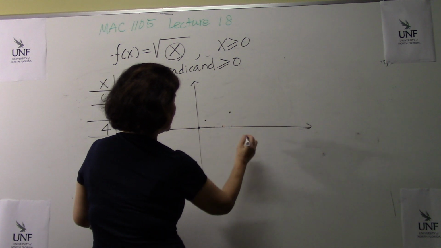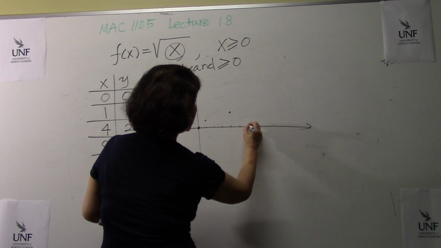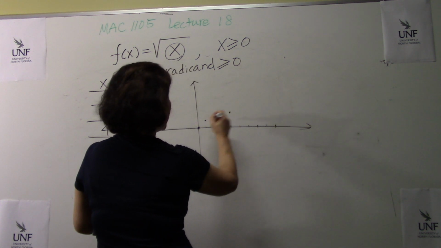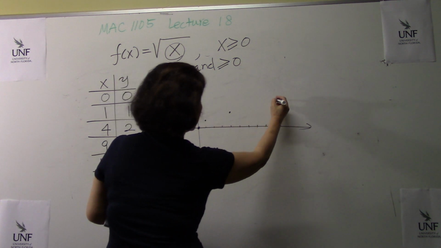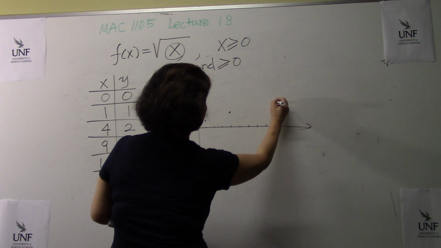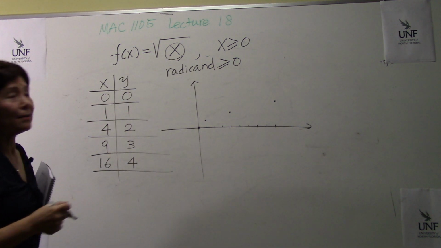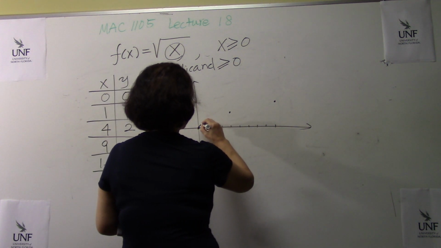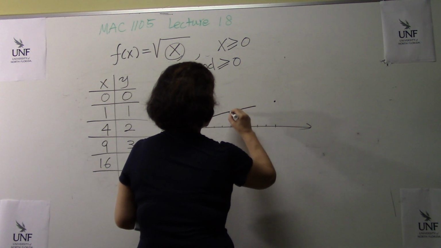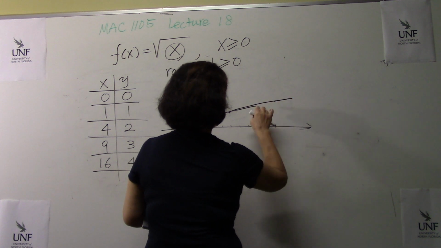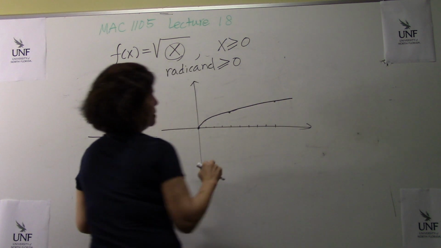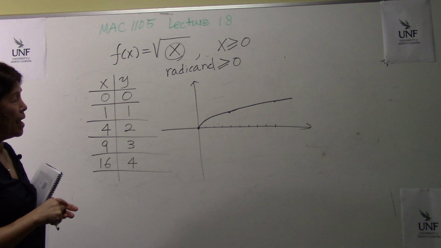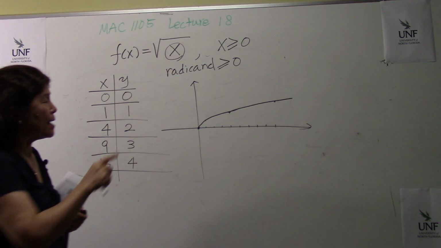You see, twice as tall. 5, 6, 7, 8, 9, and then finally it becomes like a 3 over here. So what does the graph look like? Well, connect these dots. Okay, you are going to see that it is very important.